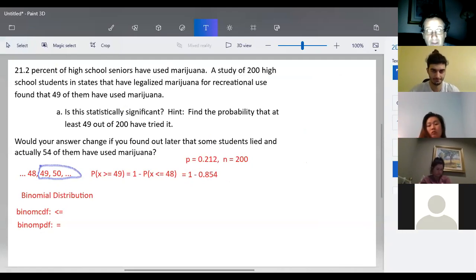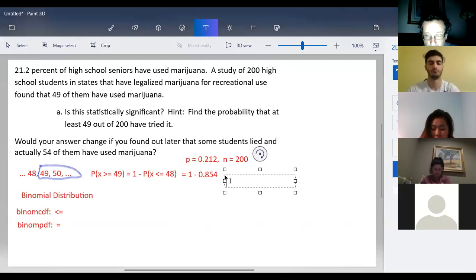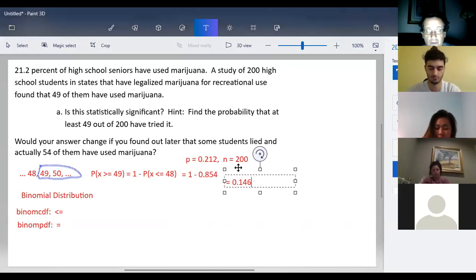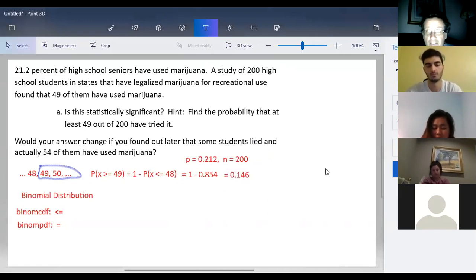At least I think that's what it said. Yeah, 0.854. And that is equal to, if I do it in my head right, 0.146. Or about a little less than 15% chance.